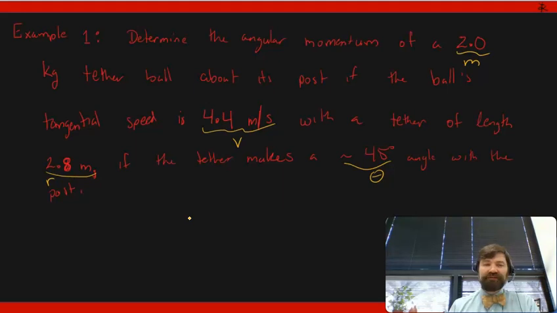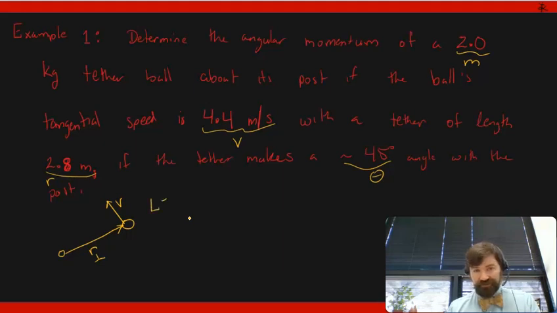If I was going to draw this out, by the way, you've got your post here, you've got your tether ball. This distance right here could represent R perpendicular, and this right here would represent my speed v.